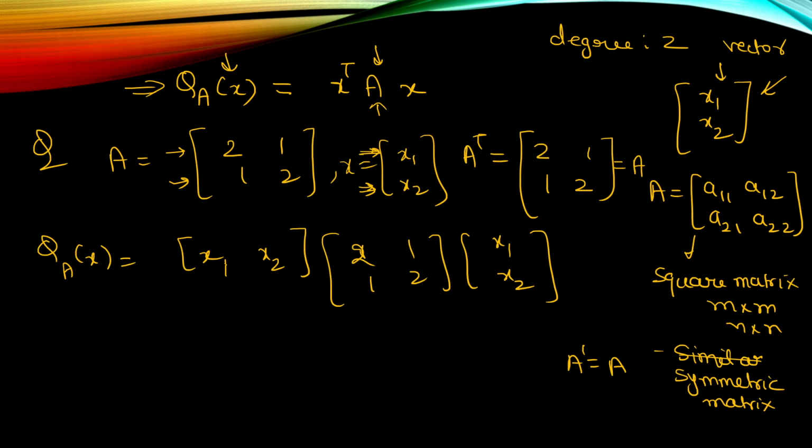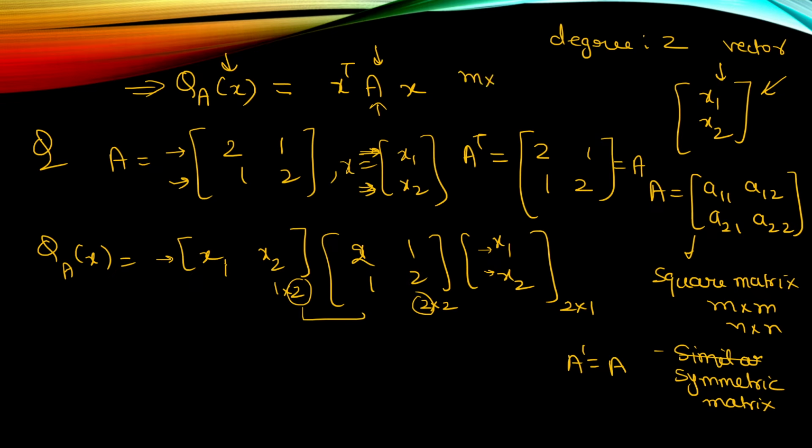Now, this is of order 1 row, 2 columns, so 1 by 2. This is of order 2 by 2. And this is 2 rows, 1 column.